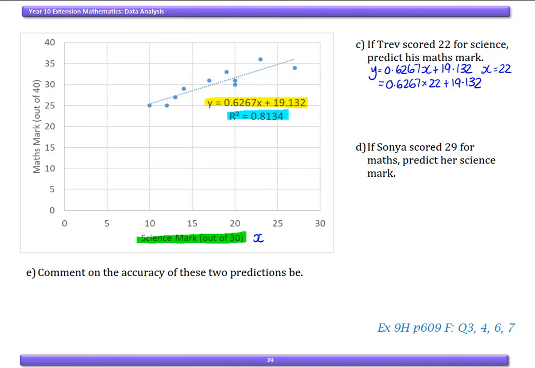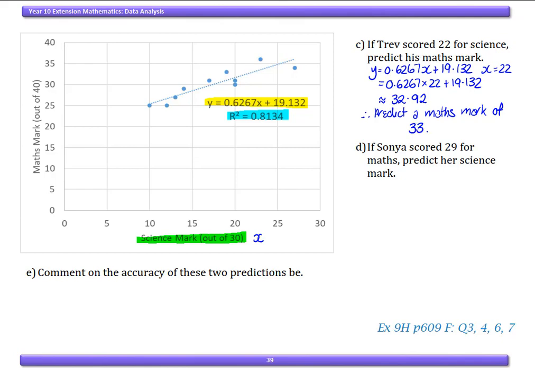And then go to your calculator to work that out. So 0.6267 times 22 plus 19.132, and that is approximately 32.92. So therefore, predict a maths mark of 33, because you'd round up.